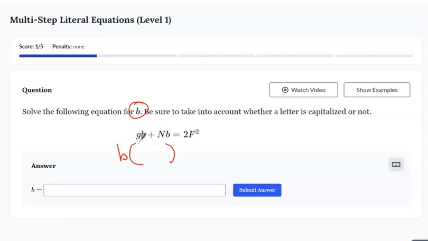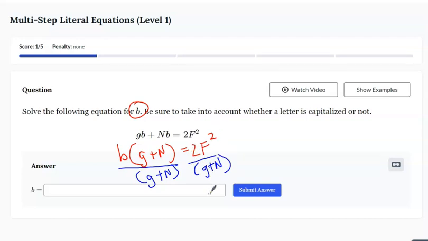We're going to remove that letter b from each of these products, and then we're going to state what was left behind. And after we factor, then we can isolate by dividing by this quantity here. So 2f squared divided by the quantity g plus n.